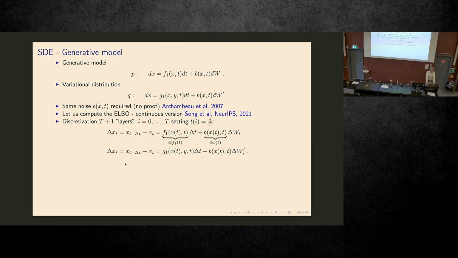But you can play the same game with an SDE, just to sketch it. Now our generative model is an SDE, and also our variational distribution is an SDE. And it turns out that in order to get a well-defined ELBO, the noise term for the two cases has to be the same, right?